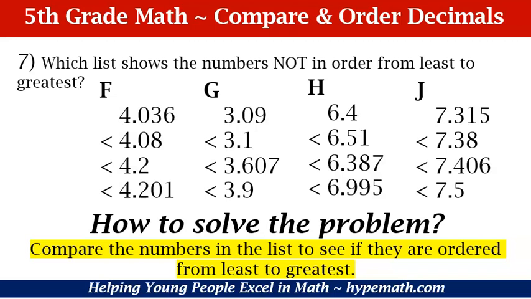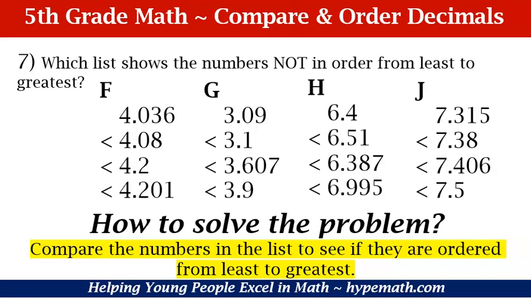So now we need to move to the right, to the tenths place, and looking at the tenths place, we see there are two numbers that have 0. We have two numbers that have 2. Let's look at the numbers that have 0. We're going to move one place to the right to the hundredths place, okay?